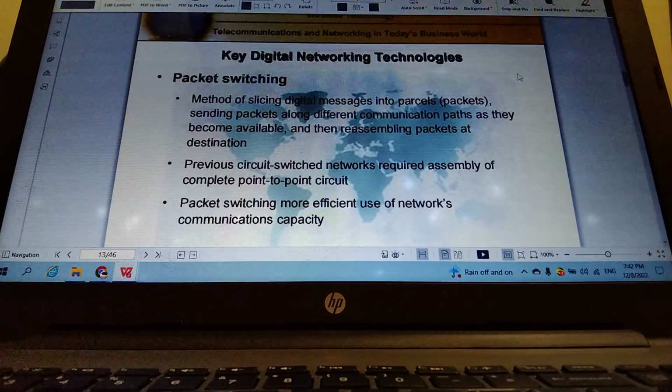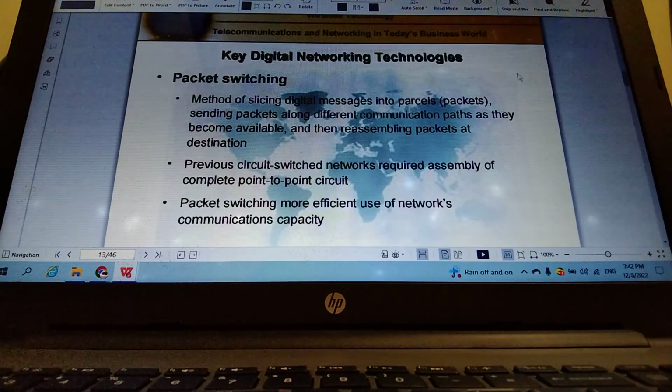So in other words, I can simplify this as: when you have a big message, for example one page, two pages, or three pages of text, and you are planning to send this through email, what the networking software will do is break down your huge message into smaller packets, and start sending over the network, but not necessarily using the same route or same channel.